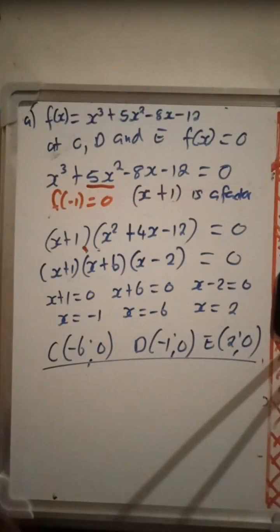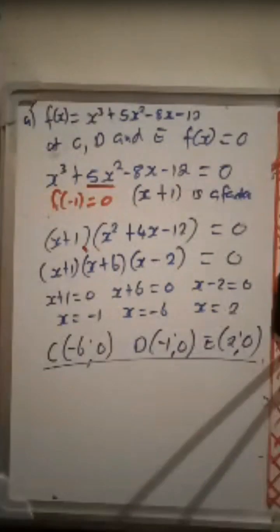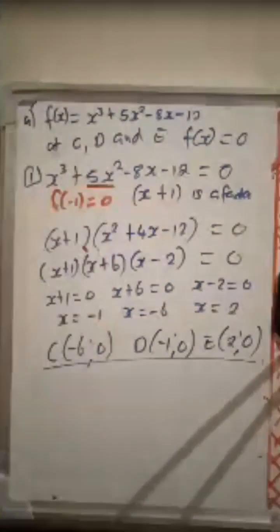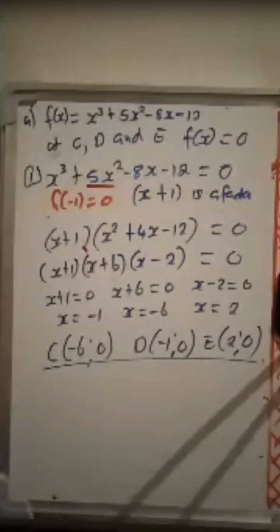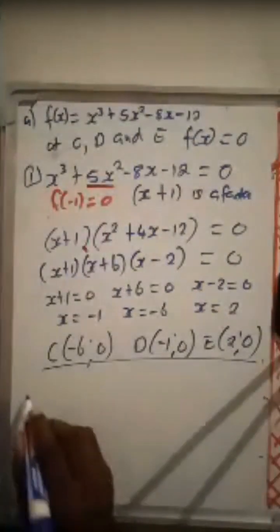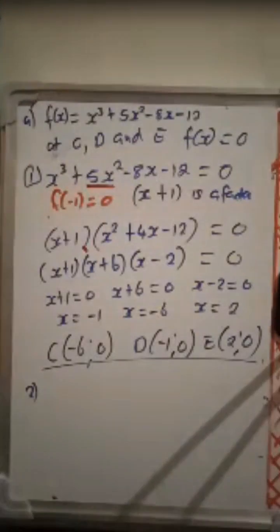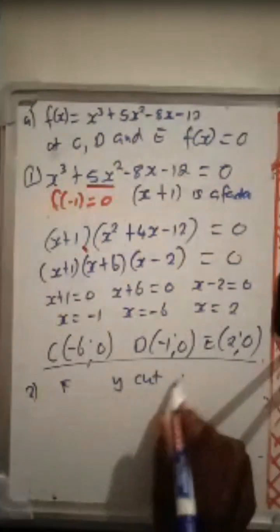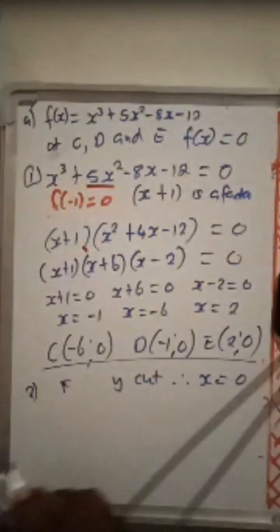Okay? Now, number 2, that was number 1. Number 2 is saying, write down the coordinates of F. What is happening at F? I'm going to answer myself. F is the y-intercept. Therefore, x is equal to 0.